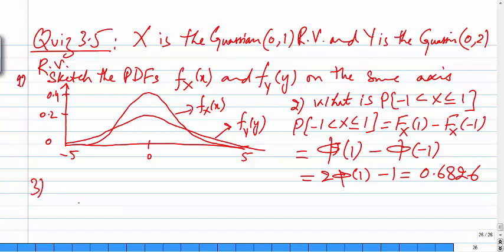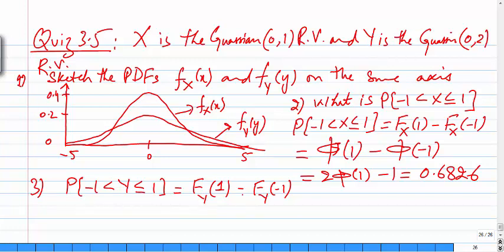Now let's go to the third question. Find the probability of -1 less than y less than or equal to 1. In this case it becomes f y of 1 minus f y of -1. Now we have to convert into standard form. How do we do it?